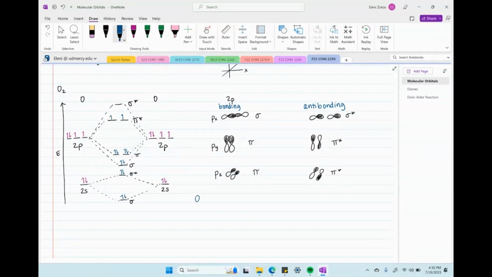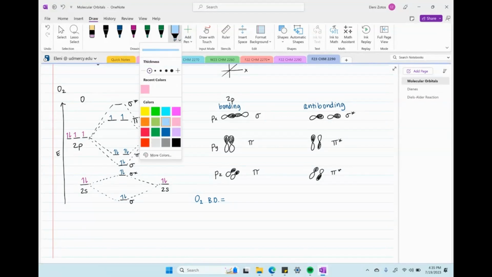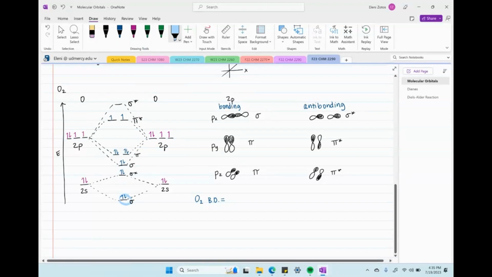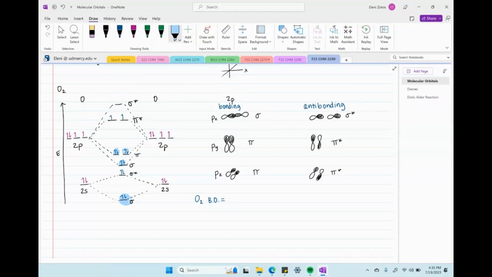So let's now calculate O2 bond order. We'll get all of the electrons in bonding orbitals. So here we have 2, 4, 6, 8 electrons in bonding orbitals.